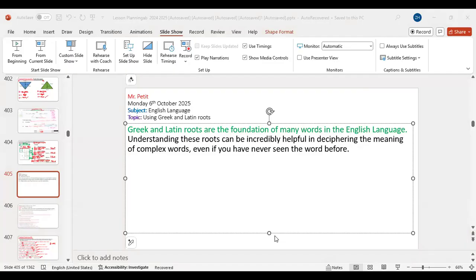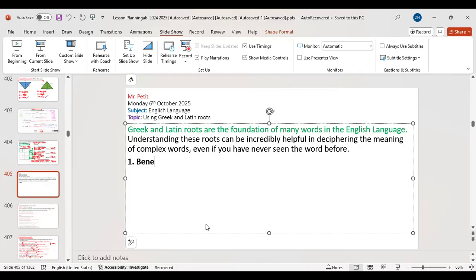The first one is "Bene." Can you think of any words that start with "bene"? Benefit. Very good. What else? Beneficial. Very good. Benadryl. So "bene" is actually a Latin root.